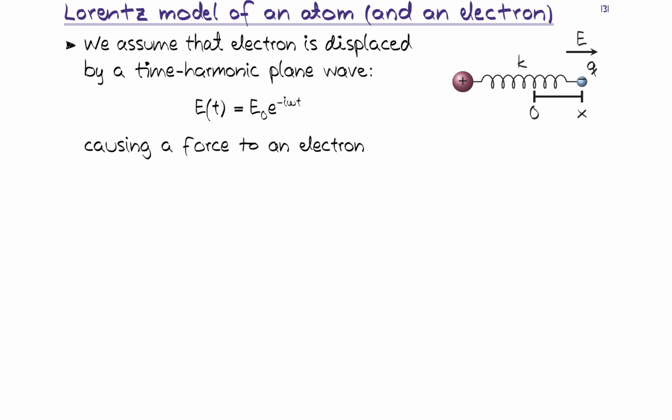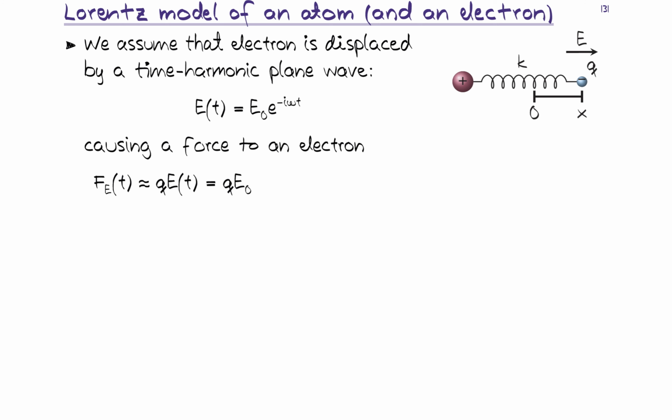This field causes a force on an electron, of course, because the Lorentz force equation still applies, and the force is F_E, with E as a sub-index denoting that it's caused by the electric field, and this is essentially Q times E, where Q is the charge of our electron.